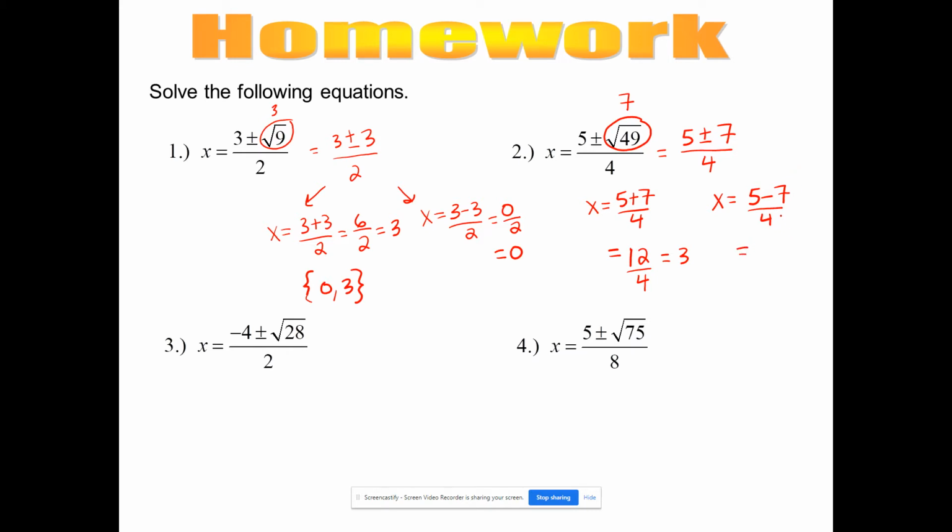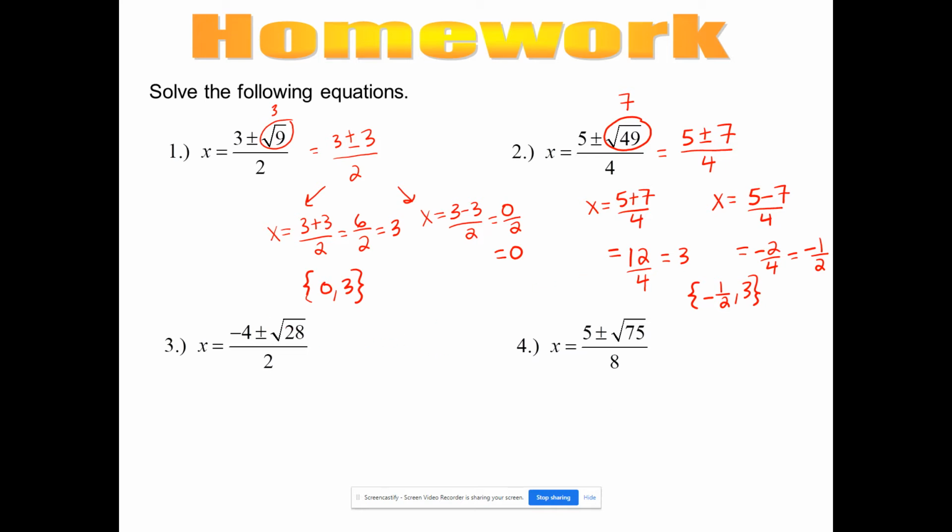But here we've got 5 minus 7, so that's negative 2 over 4, which reduces, if you divide top and bottom by 2, you get negative 1/2. Okay, so writing it in set notation, I've got negative 1/2, comma, 3, because that's in numerical order.